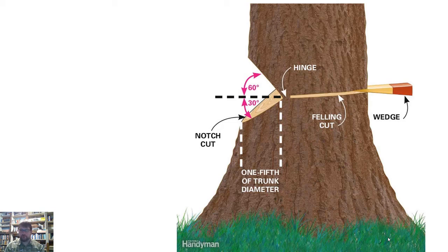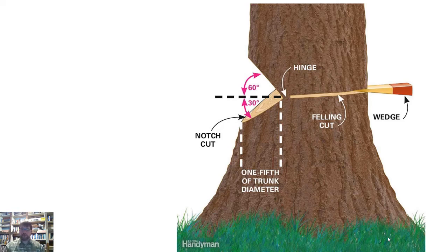There are two different types of cuts when you're limbing a tree. One is called a pulling chain or a pulling cut, and that is when you're going down with the chainsaw. The other one is called a pushing cut or a pushing chain, and that's when you're coming up with the chainsaw.